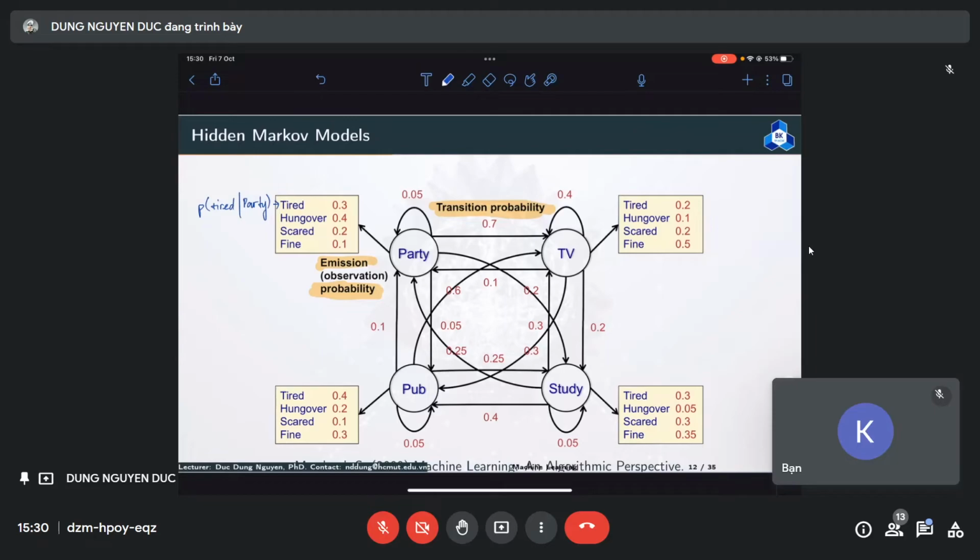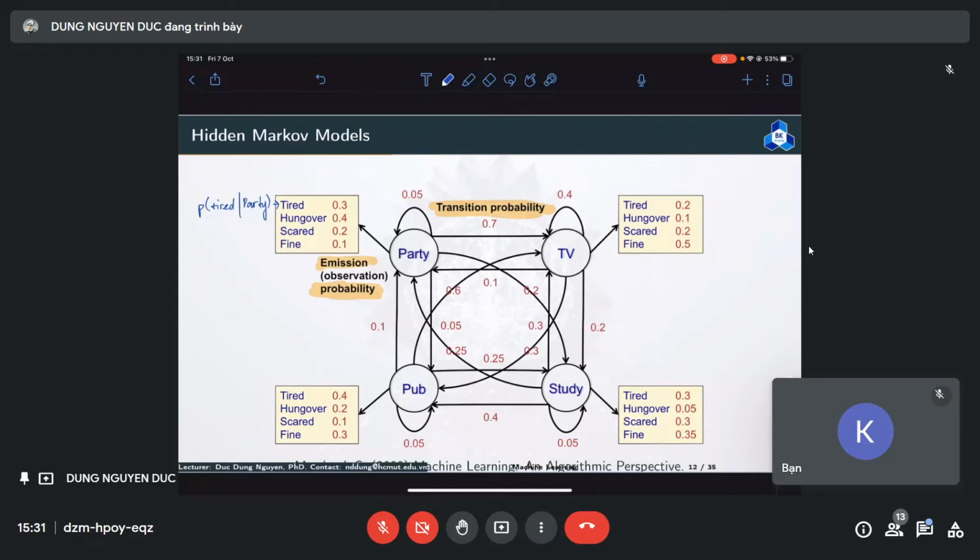And there is some other probability of observing hungover, given you go to the party, that was 40%, and the probability of being scared given you go to the party is 20%, and the probability of you being fine even though you went to the party last night is only 10%. It depends on people, right? But the statistics say that.